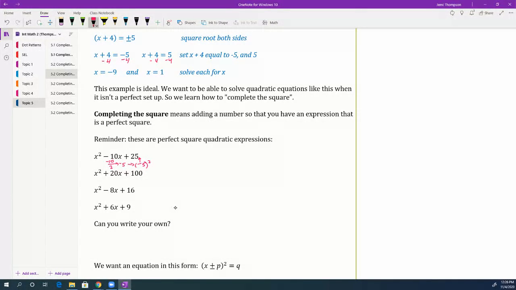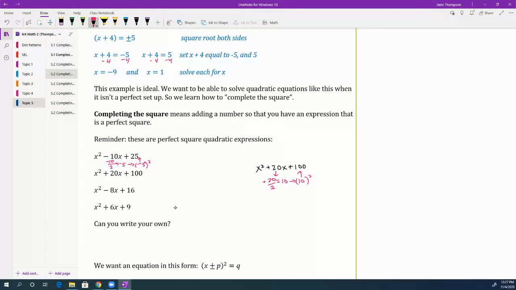It's the same thing here. For x squared plus 20x plus 100, I know this is a perfect square because when I take half of 20, which gives me 10, and then I take 10 and square it, I get 100.